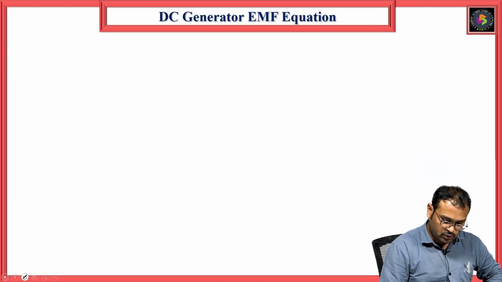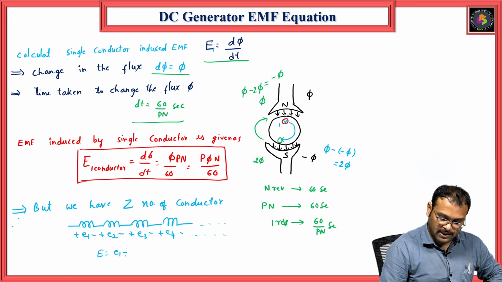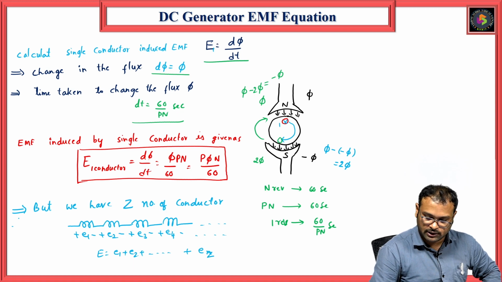So the total EMF induced, we have to add. E is equal to E1 plus E2 plus and so on. Suppose Z conductors are there, so E into Z.